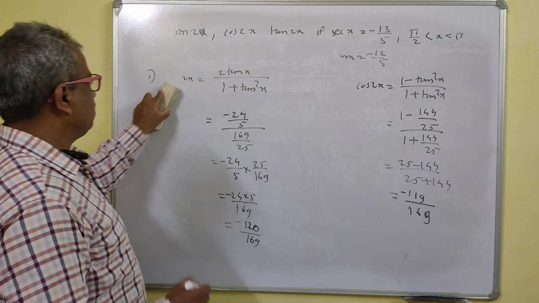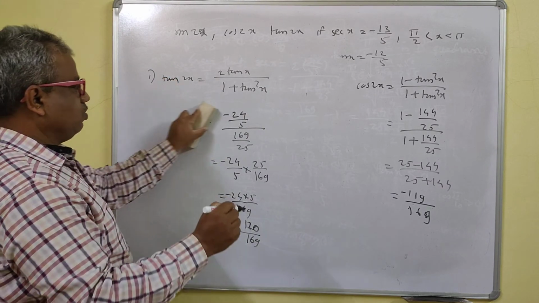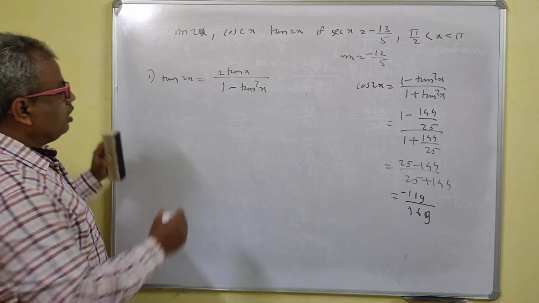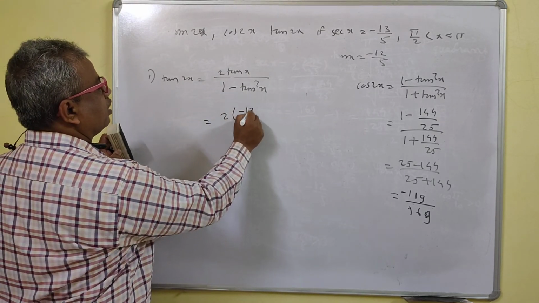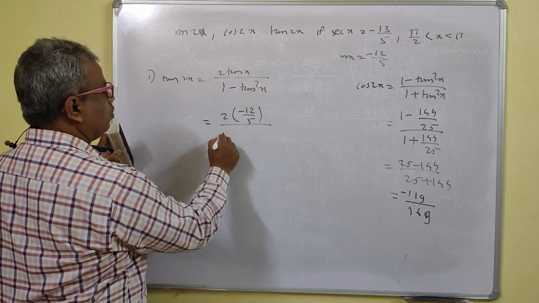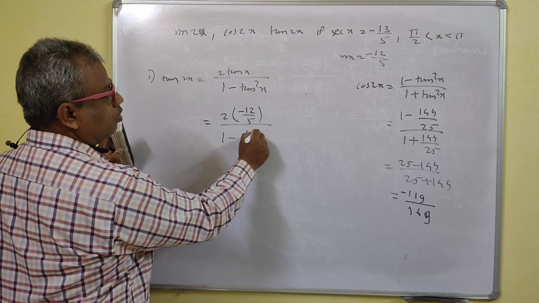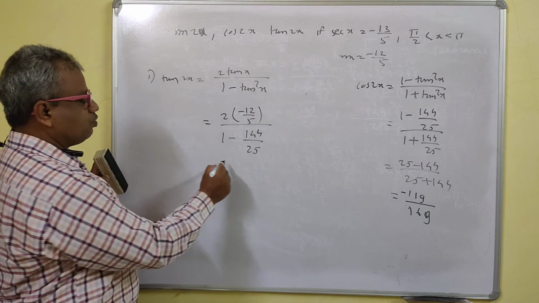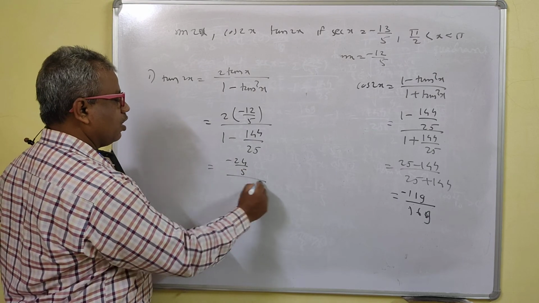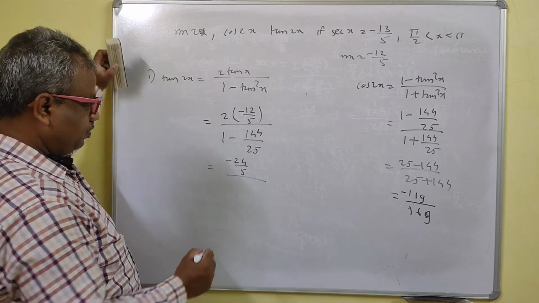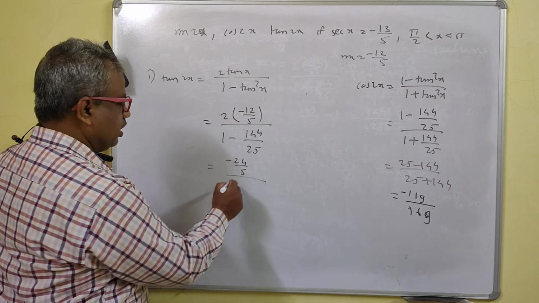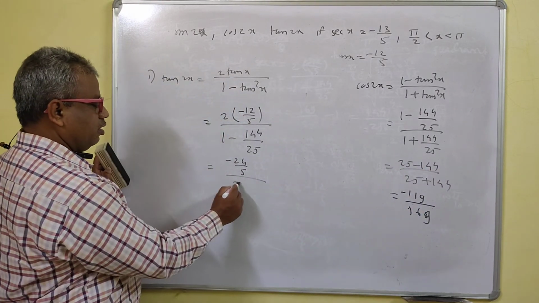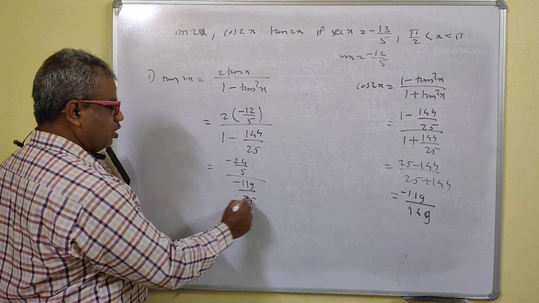Right? So now for tan, this will be your tan formula. Here tan twice x is equal to 2 into minus 12 by 5 upon 1 minus 144 upon 25. So minus 24 upon 5 upon, we did the calculation, 25 minus 144 is minus 119, minus 119 upon 25.